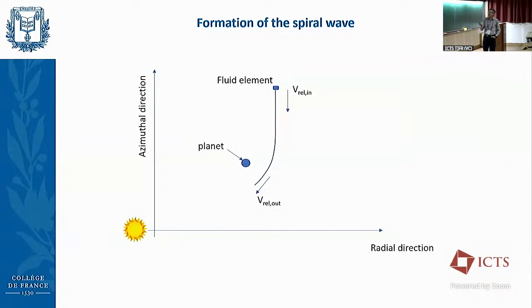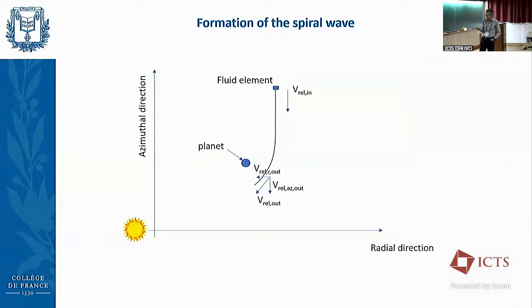Because of the encounter with the planet and the gravity of the planet, the orbit of the fluid element is bent. The way it works during an encounter is that the bending does not change the relative velocity vector, it just rotates the relative velocity. This velocity is the same as this velocity in absolute magnitude, but it is rotated, which means that now it has a radial component that it didn't have before, and the azimuthal component is necessarily reduced with respect to the initial one, because the full vector is the same, but now we have a radial component.